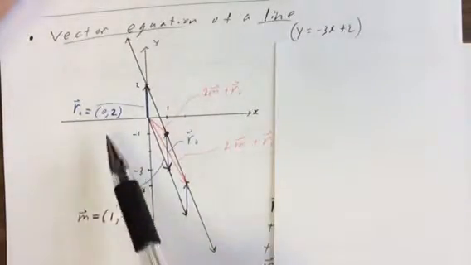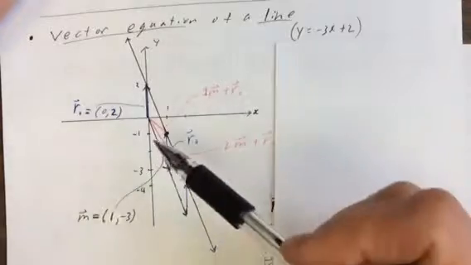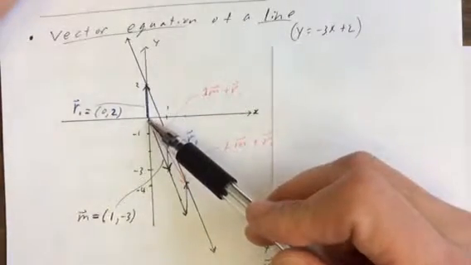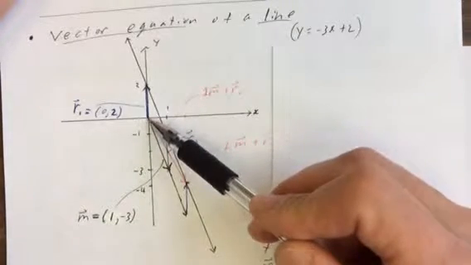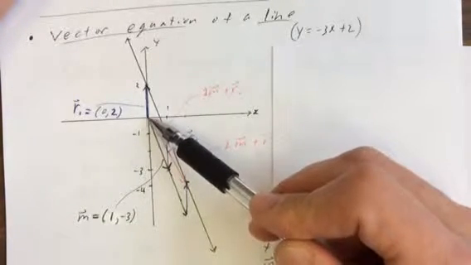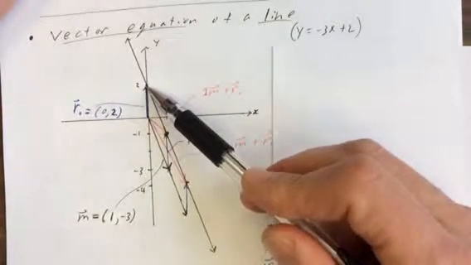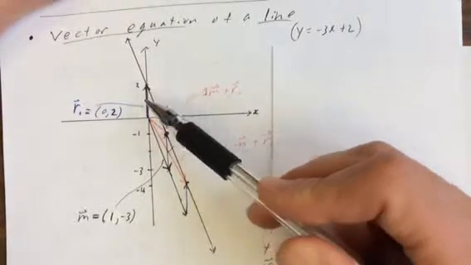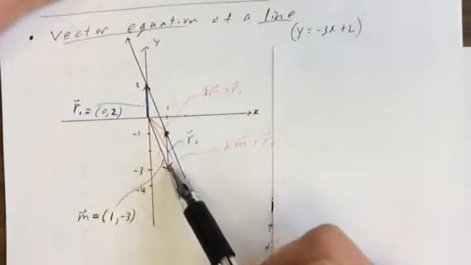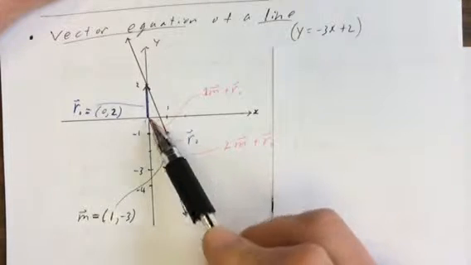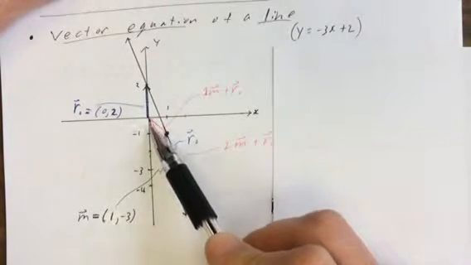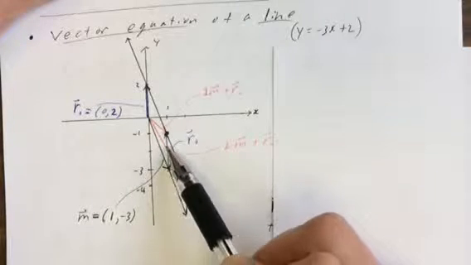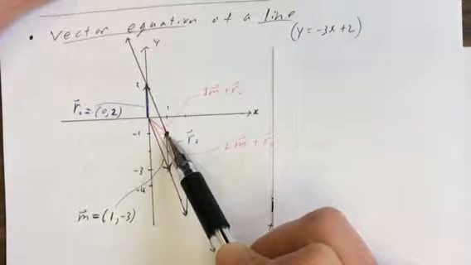Now, if I combine these two, m and r naught, so if I just take r naught plus 0m, it's just the vector r naught. That vector ends at a point on the line. If I take m plus r naught, so m along here and then add r naught to it, it's like I'm going parallel to the line and then shifting up to the line with the vector r naught.